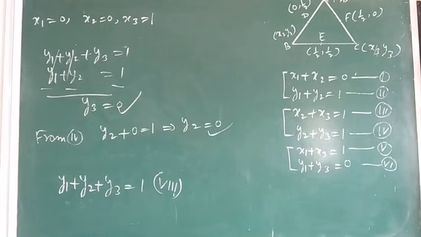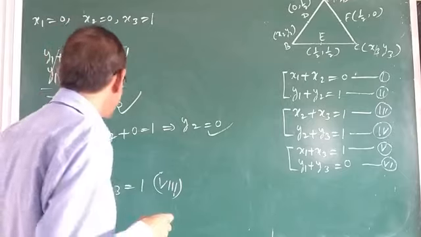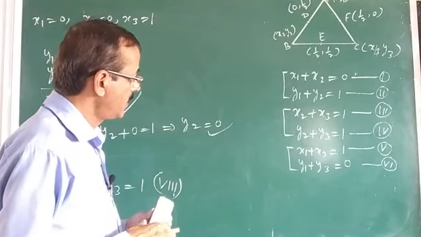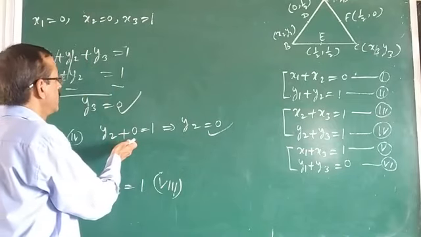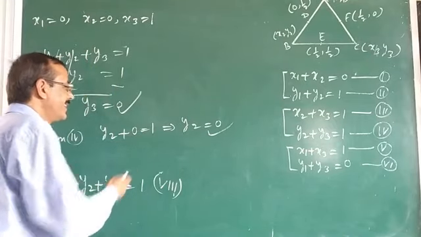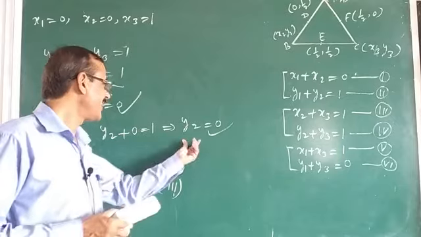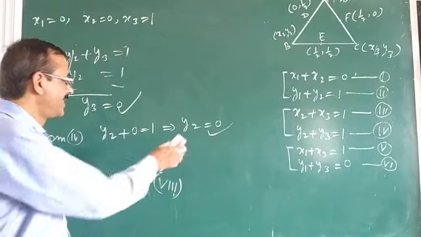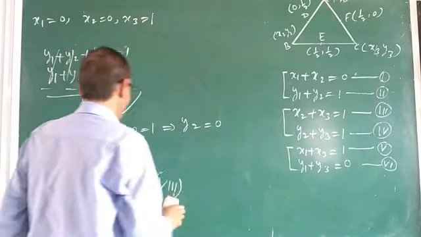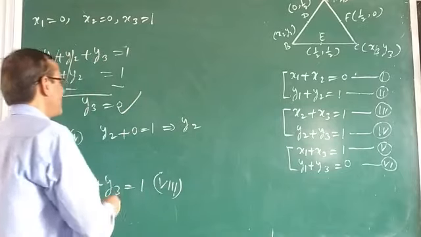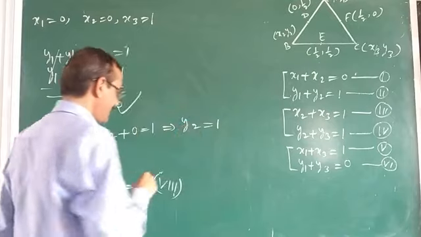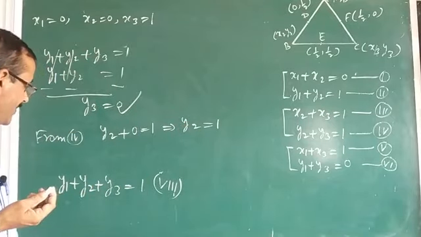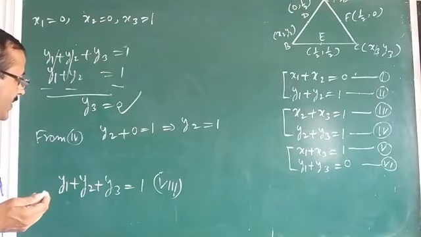Yes student, due to one silly mistake the result was not coming. What was here? y2 plus 0 is equal to 1, and I had written y2 is equal to 0. Is it possible? y2 plus 0 is equal to 1, so y2 is equal to 1. I was surprised why all the values were coming 0.